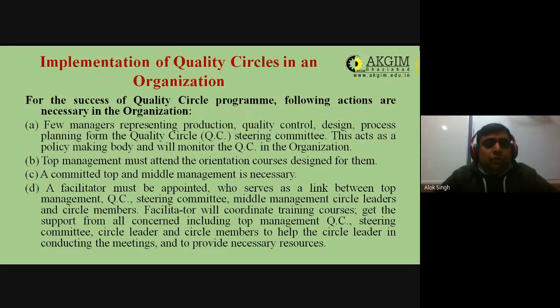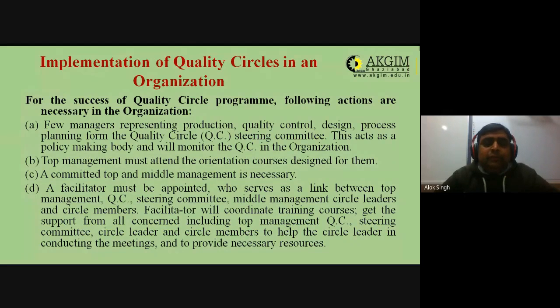So what are the ways to implement a quality circle? For the success of quality circle program, the following actions are necessary in the organization. Few managers representing production, quality control, design, process planning form the quality circle steering committee.